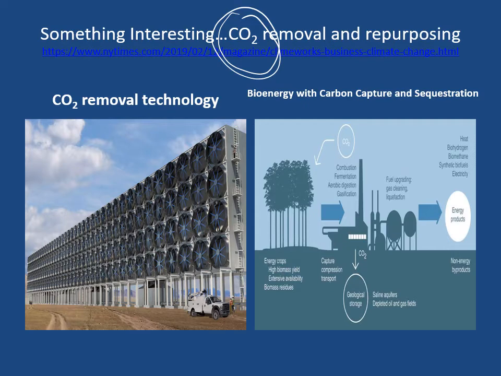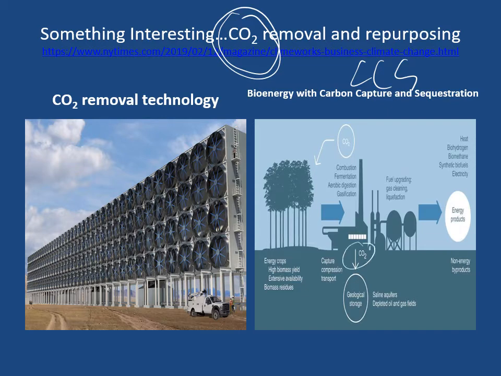What you have over here on the right side is what's called CCS, carbon capture and sequestration. The idea here is that you can take carbon dioxide away from something. In this case, the example is a power plant of some kind. So you take the CO2 and you do some things with it.